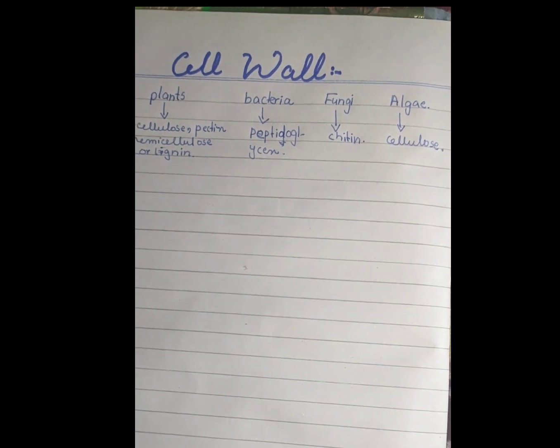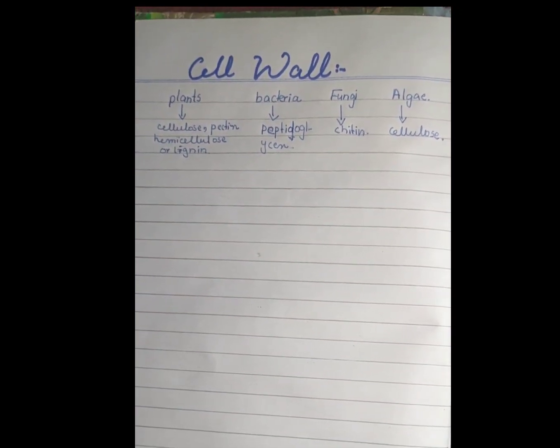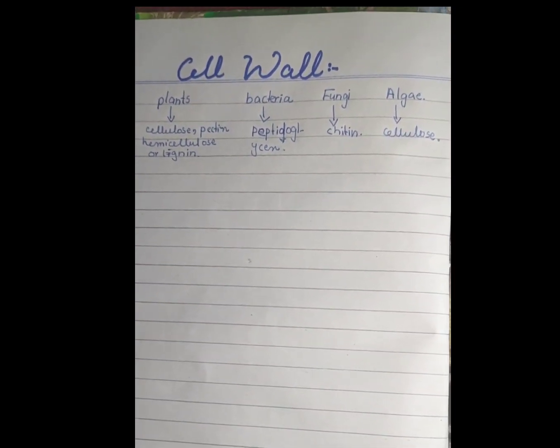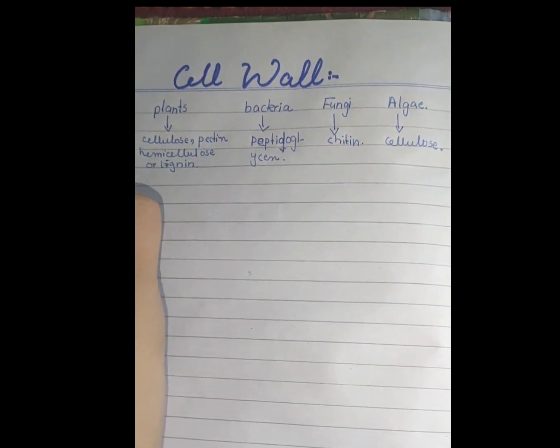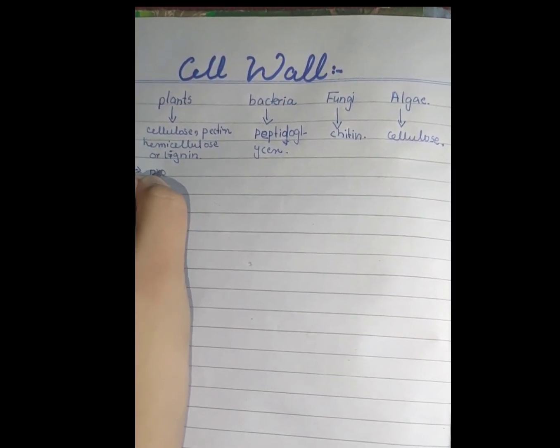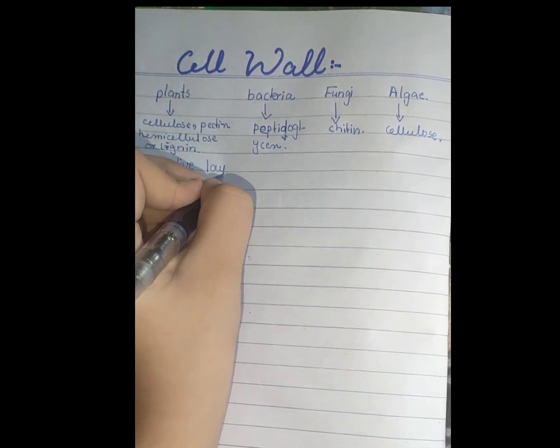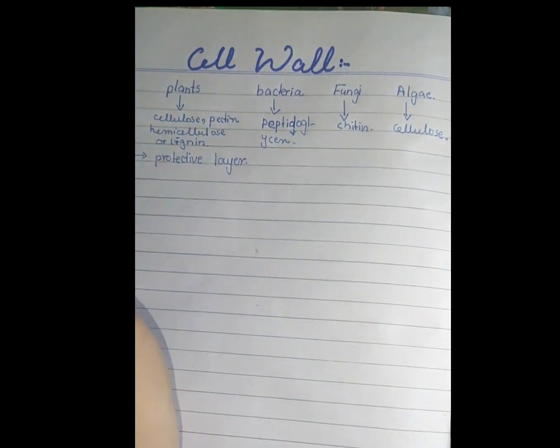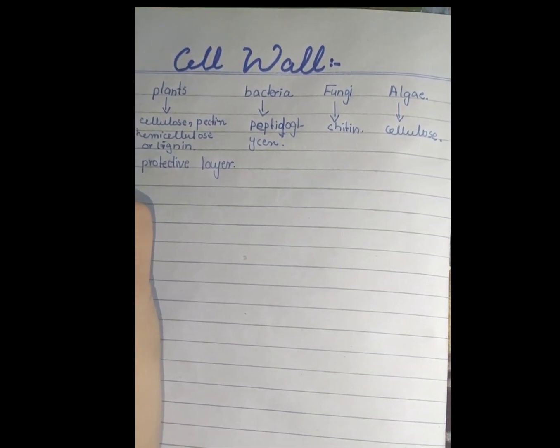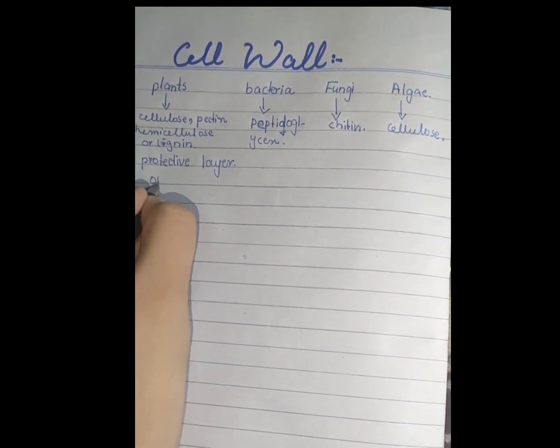Okay, so now let me tell you some important points about the cell wall. First of all, the cell wall is the protective layer which protects our cell. Secondly, this is the outer layer.